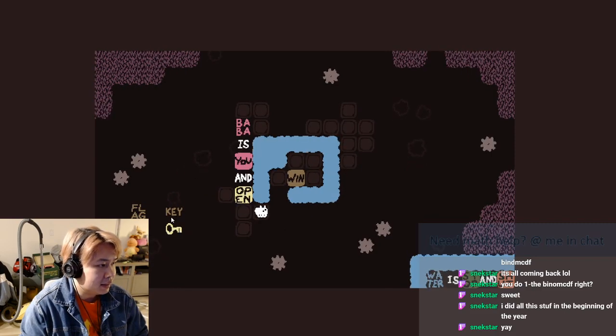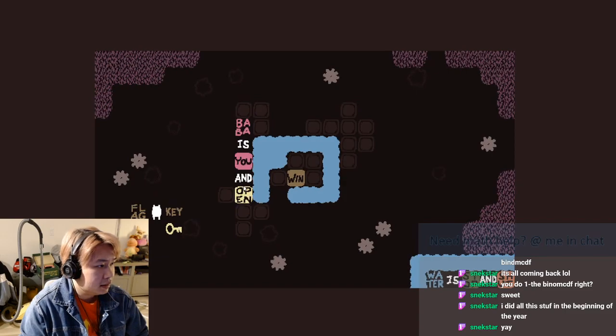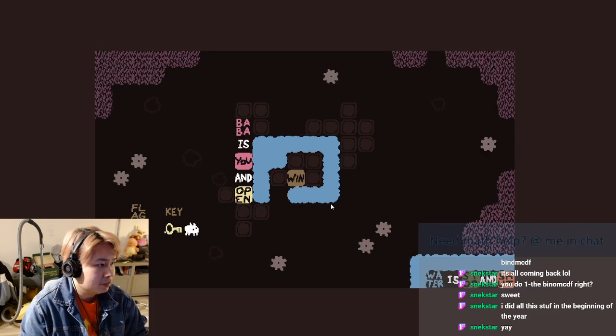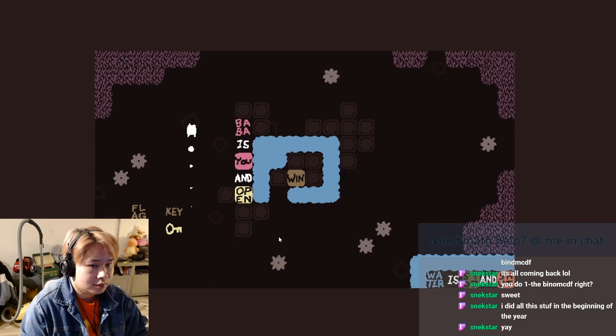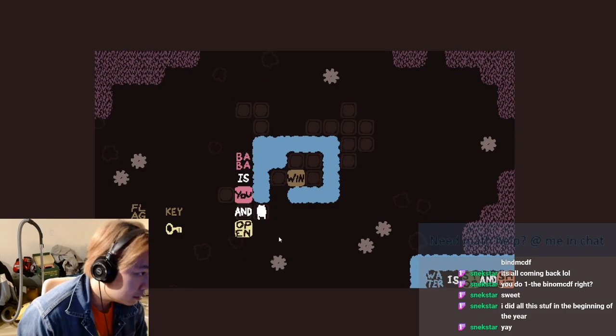What I can do is change the key and make the key be open. But the issue is there's no push anywhere on this, so I can't push objects because I need to say the word key is push. So I'm stuck.